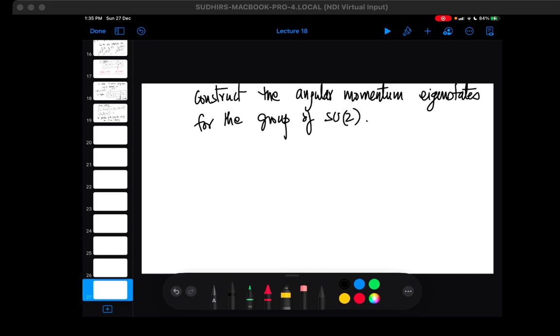Now I'll revise the standard angular momentum material which you already know very well. With that, we will have an idea how to construct what these representations mean. We'll come back to that as well.